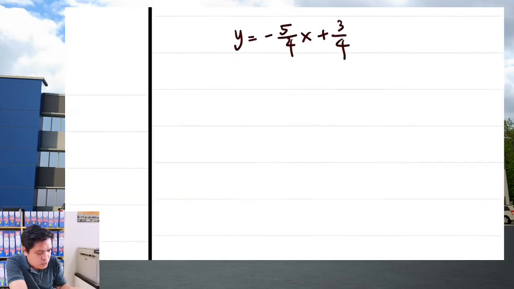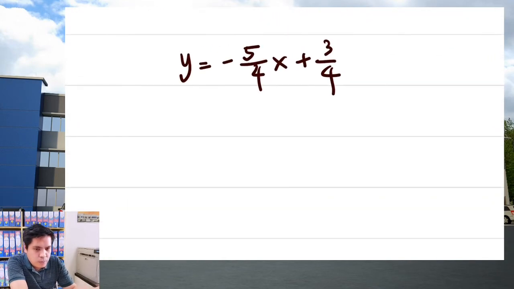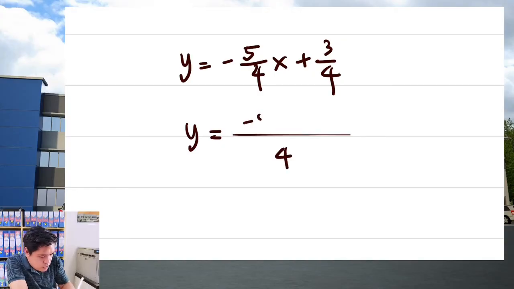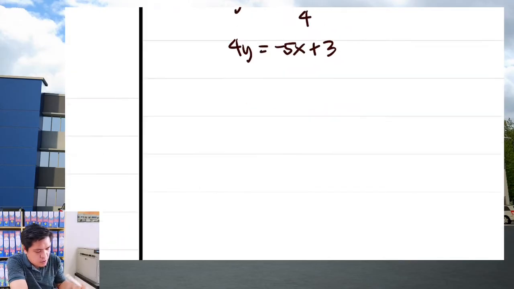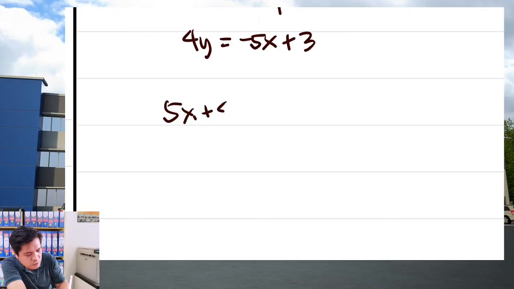So we have this. This is now in the form y is equal to f of x. Now, if we compare this to our previous answer, the LCD is, common yung denominator, so just copy the denominator 4, so that's negative 5x plus 3, so we have 4y equal to negative 5x plus 3, so basically you have the same answer, 5x plus 4y equals 3.